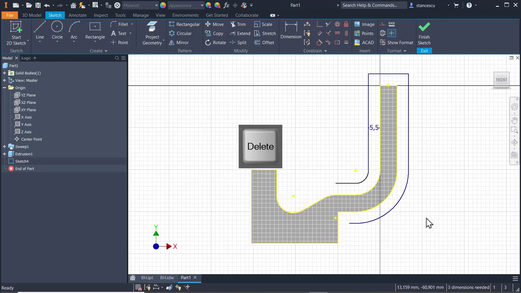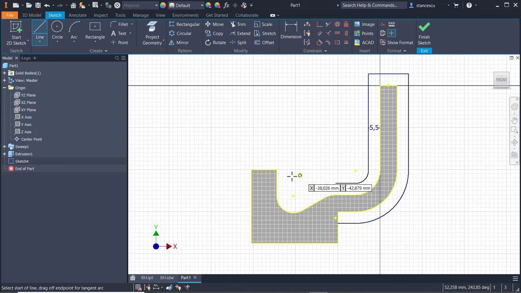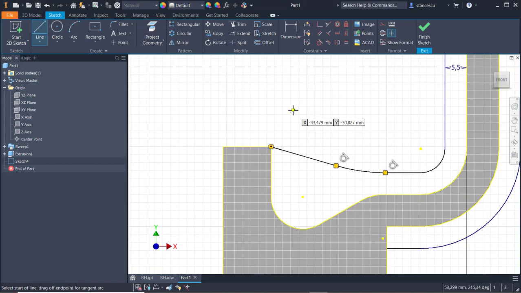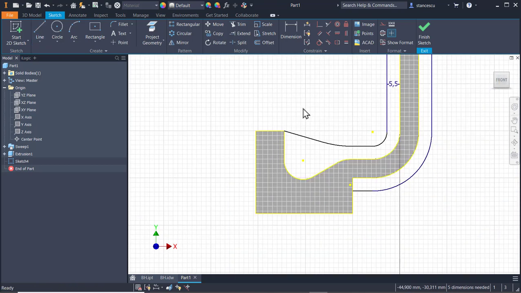Also this, extend this line, draw a line from here and then an arc ending here. You see here both are tangent. This is a happy event.